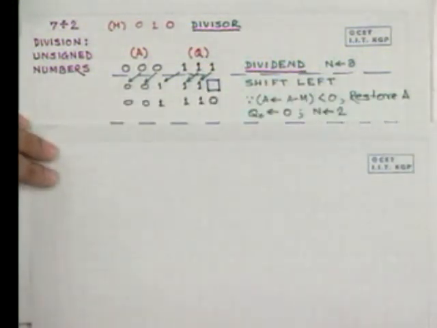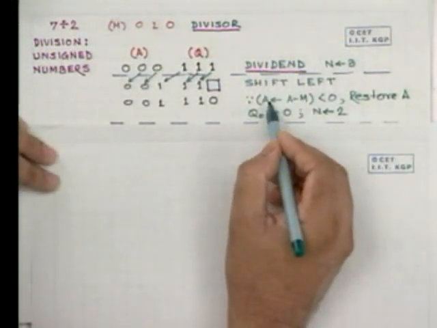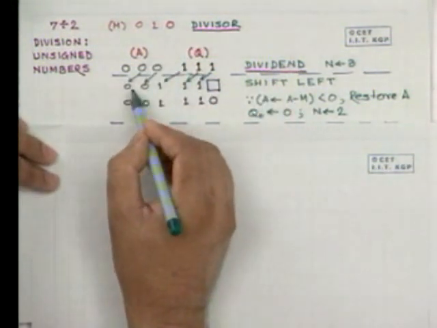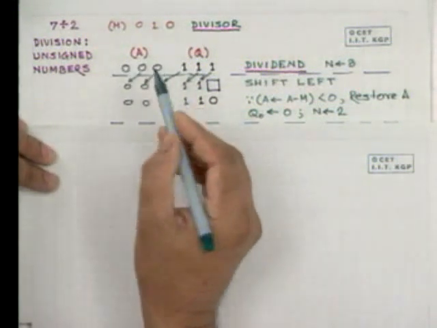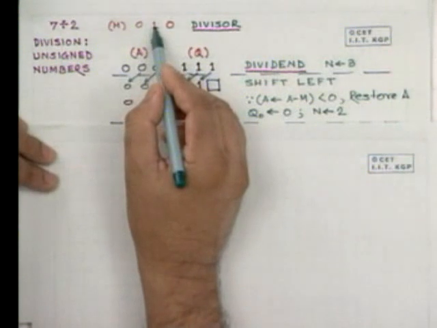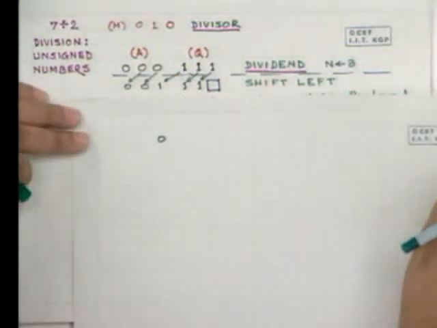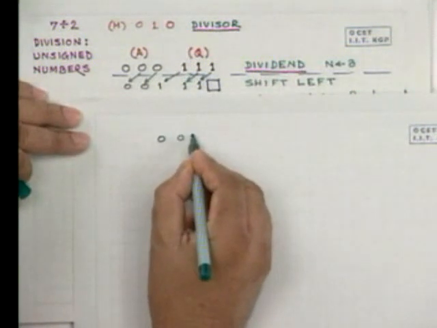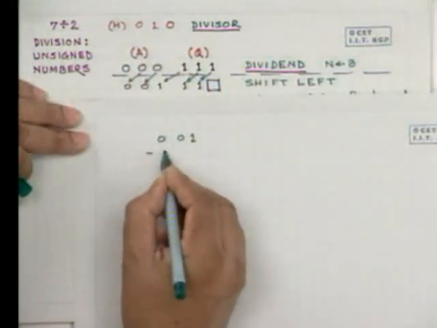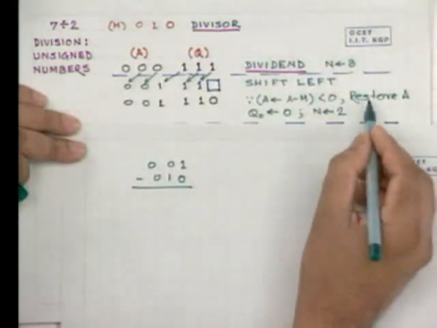Now, the next operation is that we subtract: A minus M goes to A. A is this value minus M, that means 0, 0, 1 minus 0, 1, 0. The result obviously will be negative, and therefore we restore the value of A.